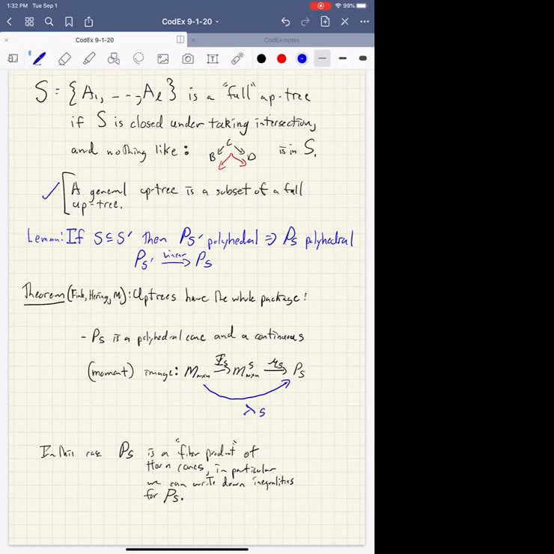So in this case, for an up tree, the set P sub S can be realized as a fiber product polyhedral cone of a bunch of horn cones. So in particular, we can explicitly write down P sub S as the intersection of a finite number of half spaces. So kind of all of the nice things happen in this case.